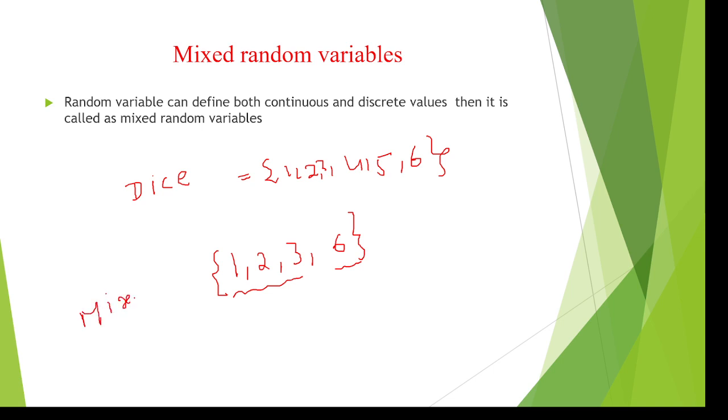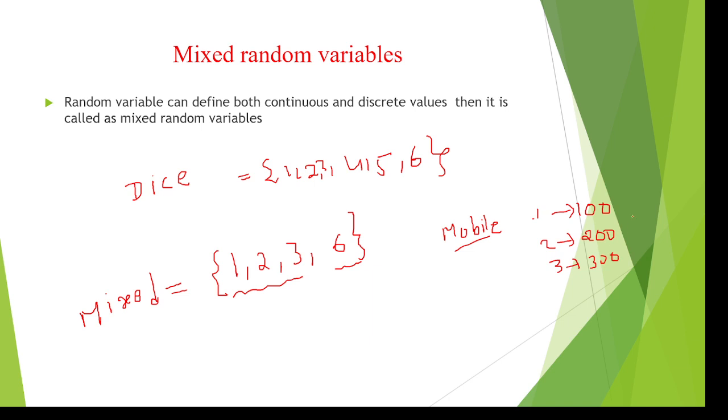So for a continuous random variable, all the outcomes should be defined. Not only the dice, if you take a mobile company, it should be defined continuously. For example, on the first day they design 100 mobiles, on the second day 200 mobiles, and on the third day 300 mobiles.